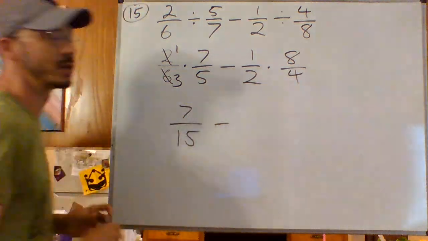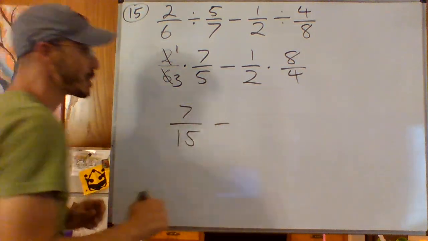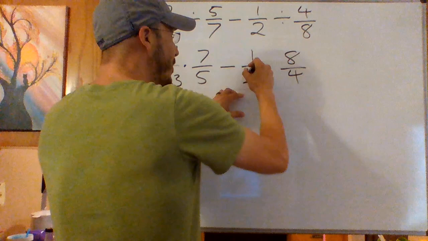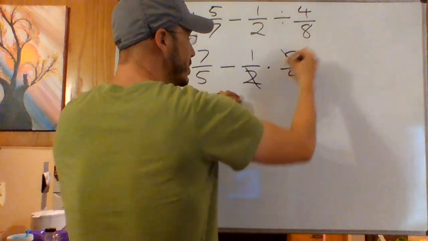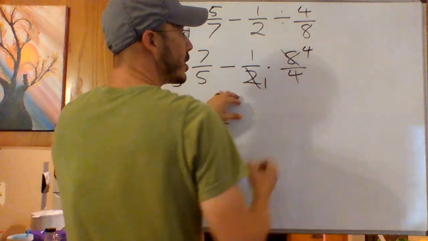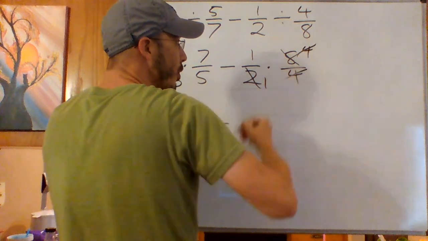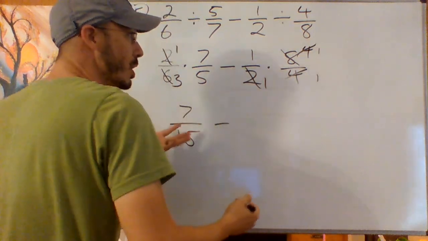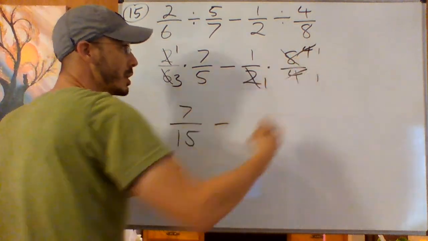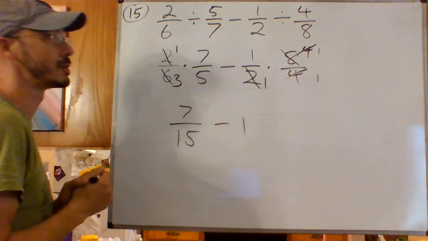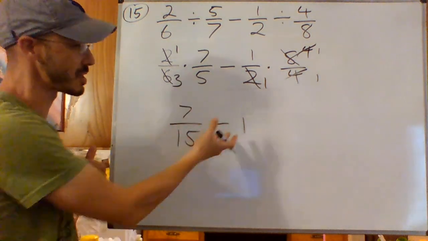But for this one, we can cancel much more. We can cancel a factor of 2 with the 8. But then that's 4 over 4, which is 1 over 1, or just 1. And all I have left here is 1. This is 1. 1 over 1, but that's the same thing.